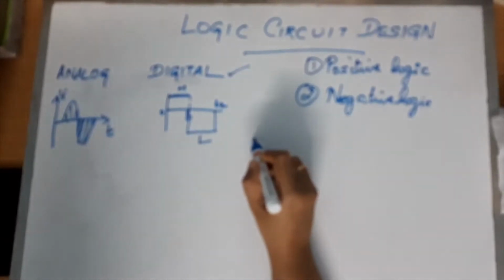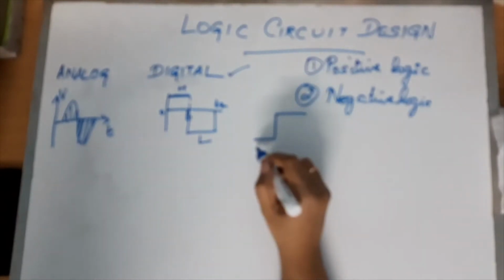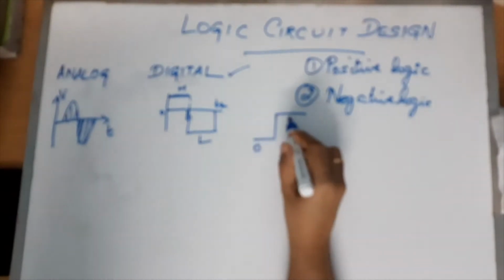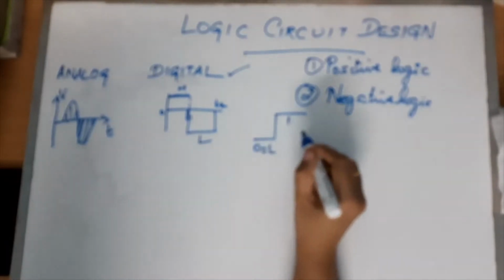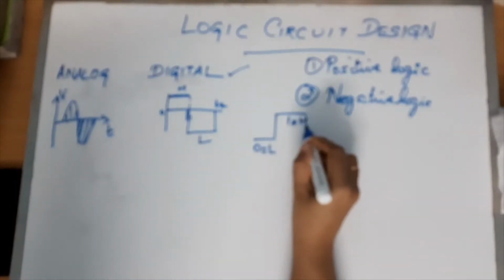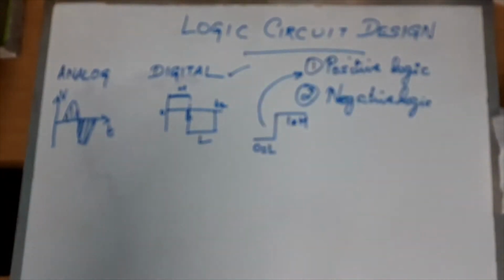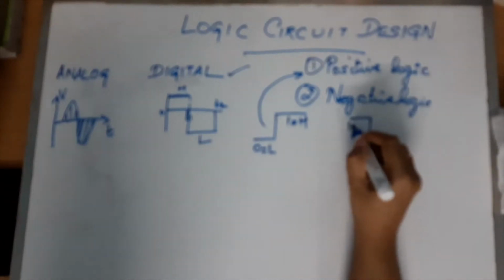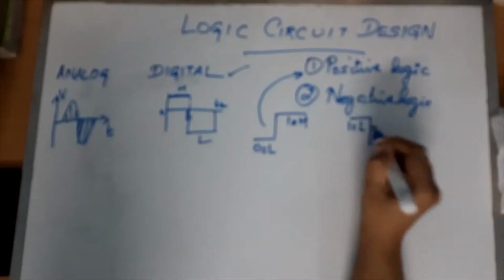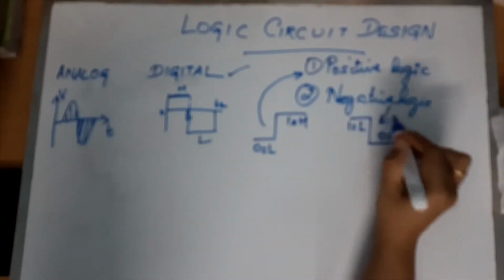I said that you have only two levels, a 0 and a 1. If 0 is treated as a low and 1 is treated as a high, then it is called the positive logic. The reverse case, that is, if 1 is treated as a low and 0 is treated as a high, then that is the negative logic.